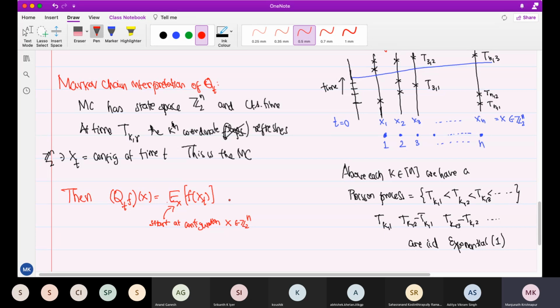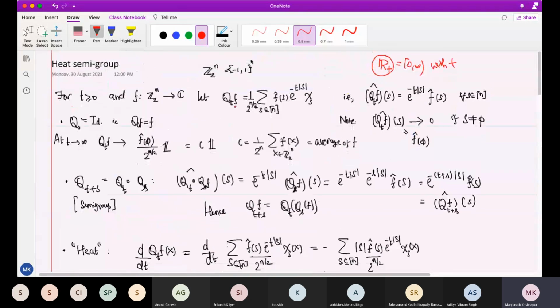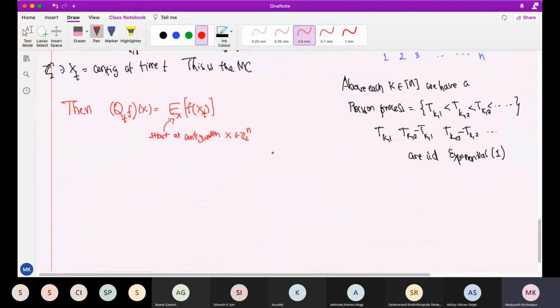For different starting points, this expected value will be different, right? So for example, think of time t equal to 0. When time t equals 0, this is just x itself, because at time t equals 0, the chain is at x. So Q_t f of x will be f of x. That's the identity operator. So this is the relationship between this Q_t, which I indicated here, and Markov chains.